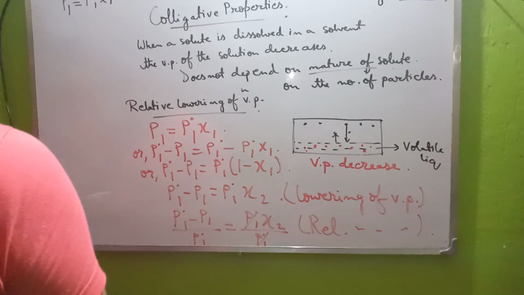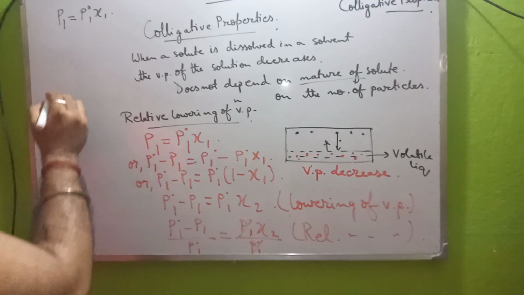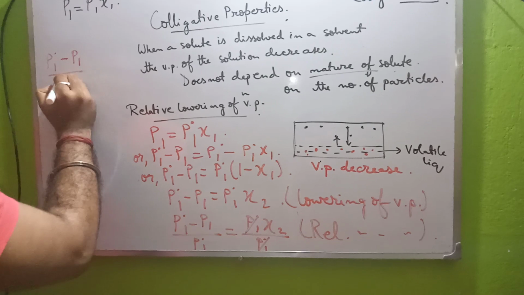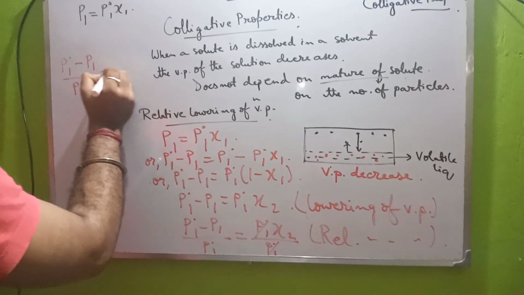Now from here we can further study that (P1° minus P1) by P1° equals x2.